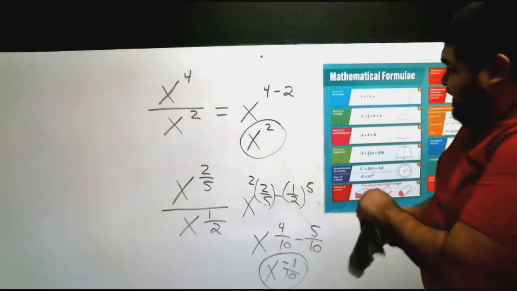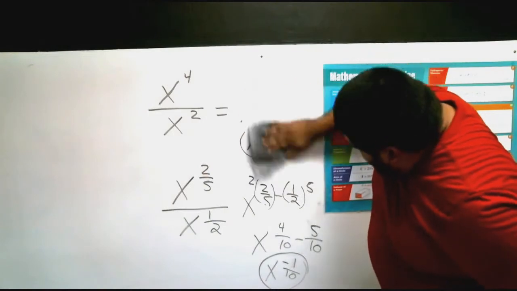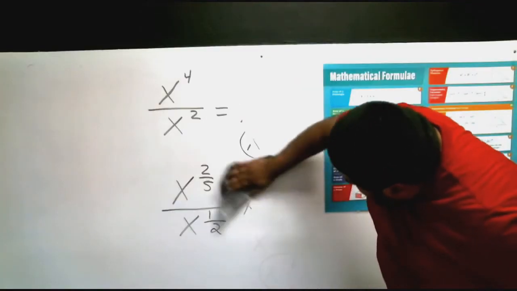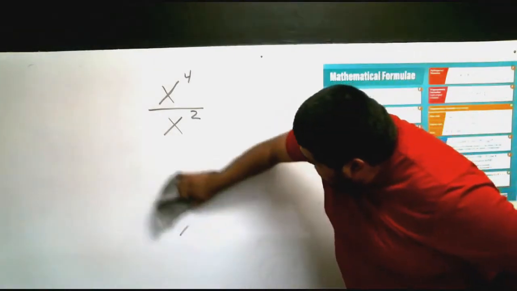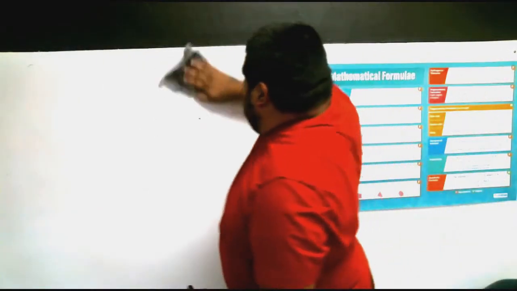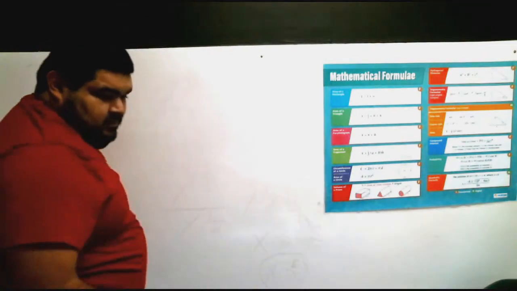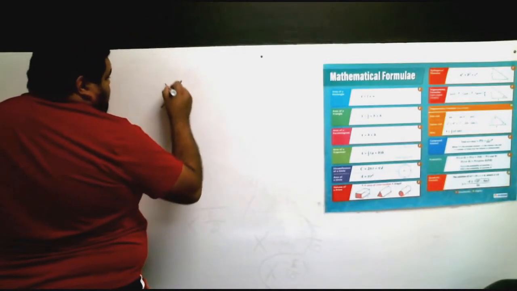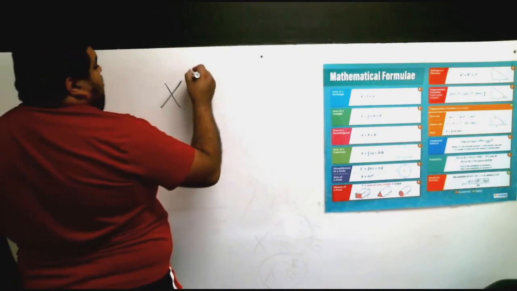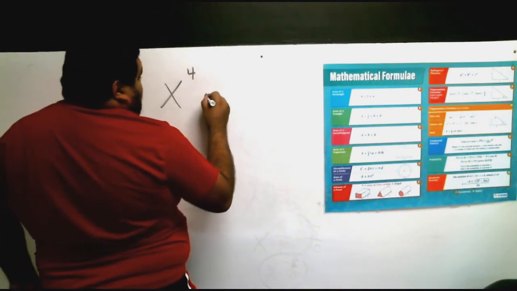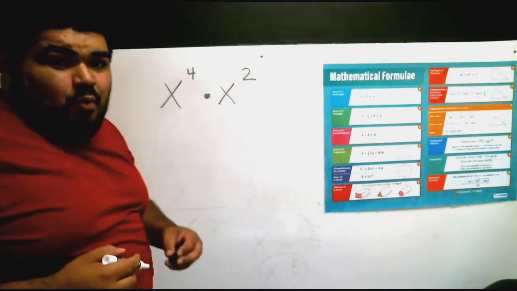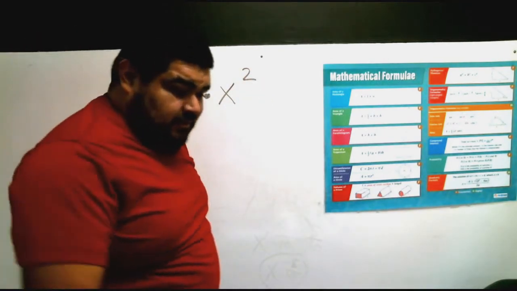Alright, so now that you have it down, your assignment for today is this. We have x to the 4 times x to the 2. That is your first assignment.